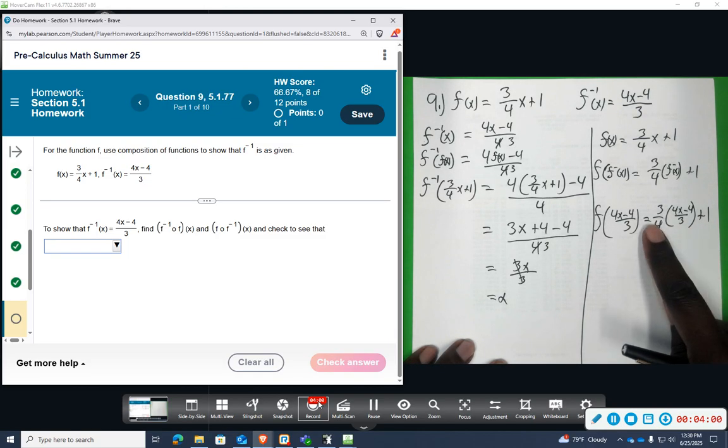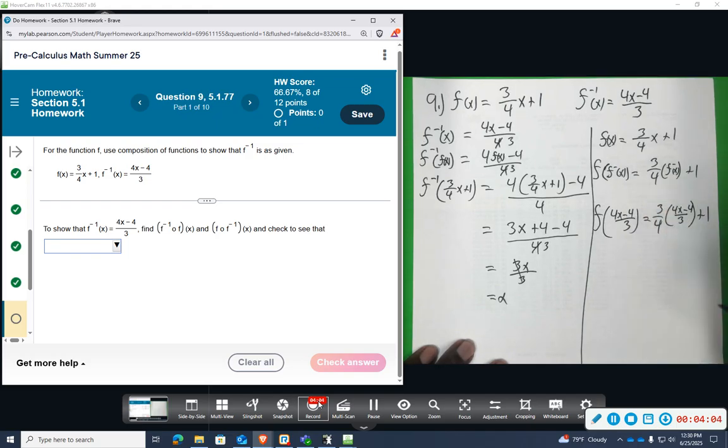When I multiply by 3, it's going to cancel out the 3 on the bottom, 3 divided by 3. And then I can just rewrite this as 4x minus 4 over 4, and then the plus 1.